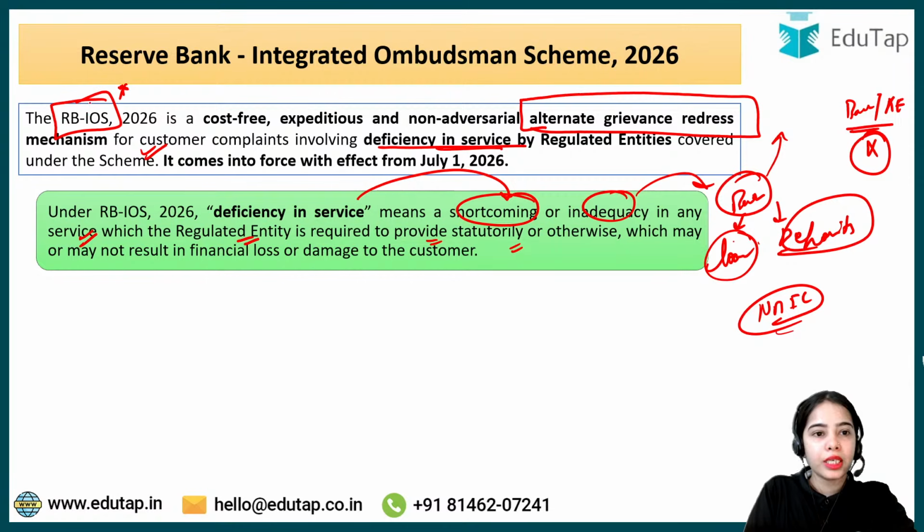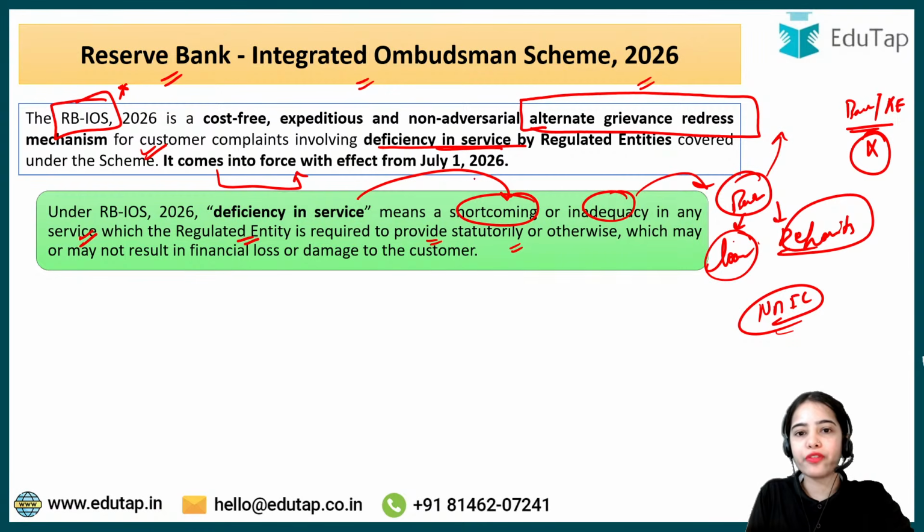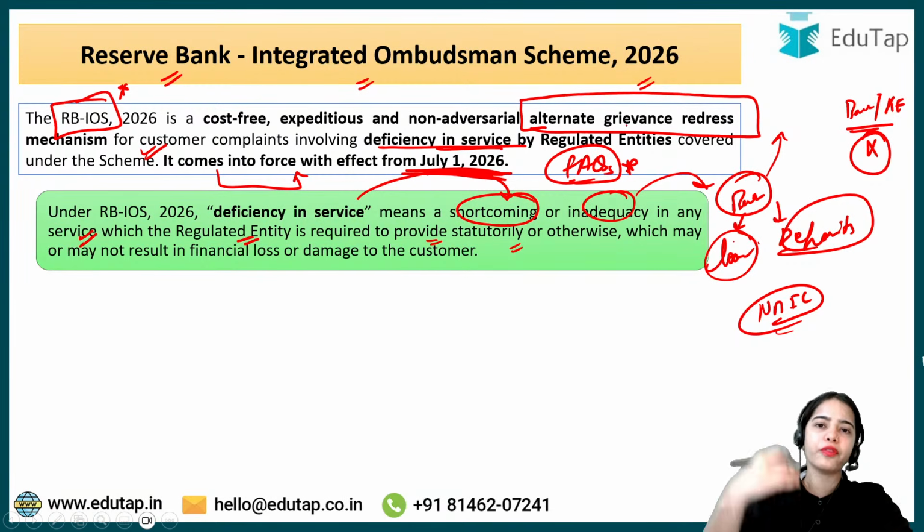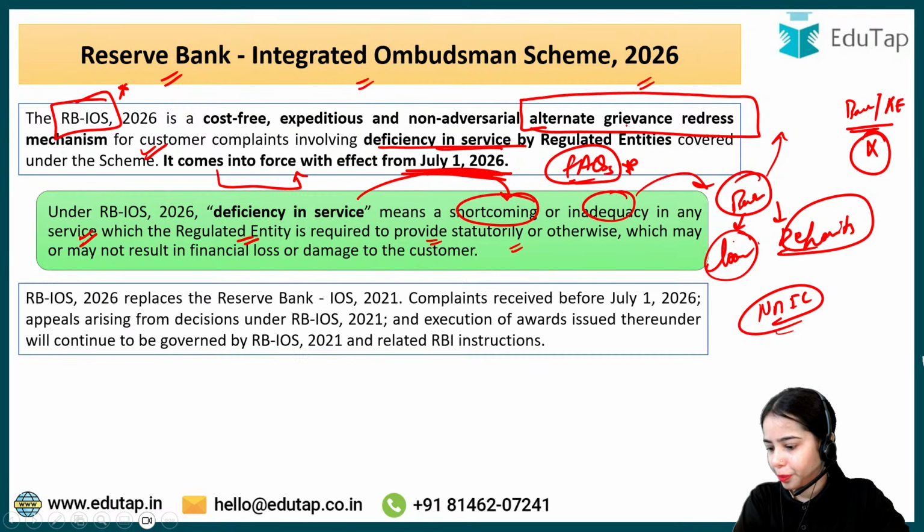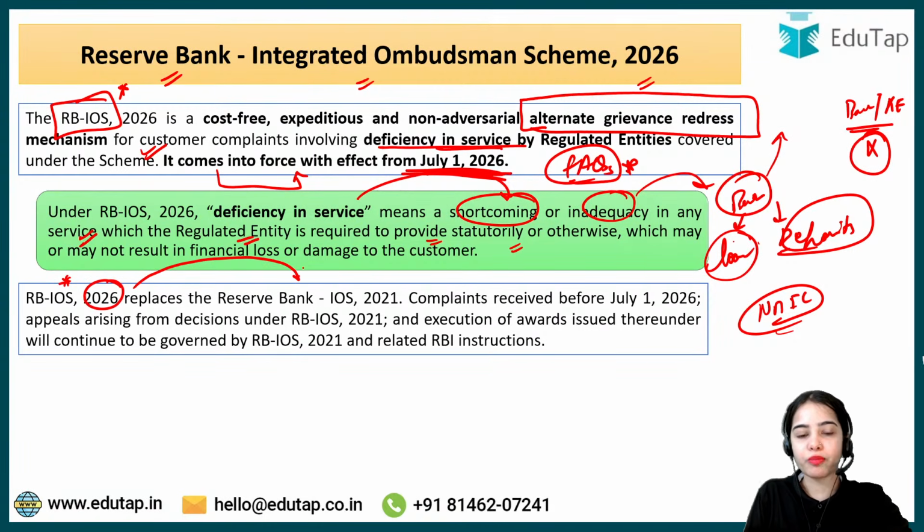Now, the Reserve Bank Integrated Ombudsman Scheme 2026 has come into force with effect from July 1st, 2026, and that's why the RBI released the FAQs, frequently asked questions, with the details about the Integrated Ombudsman Scheme. Good morning, everyone. The Reserve Bank Integrated Ombudsman Scheme 2026 has replaced the Reserve Bank Integrated Ombudsman Scheme 2021.